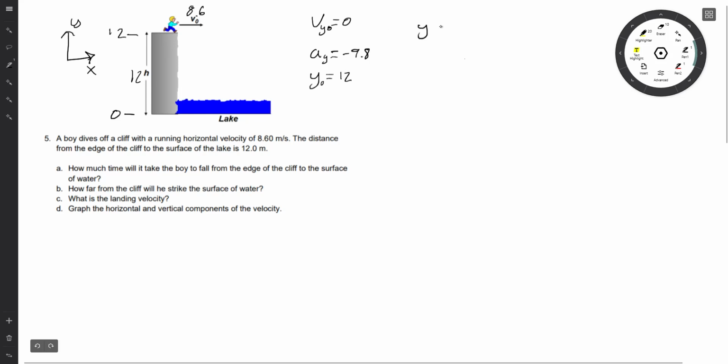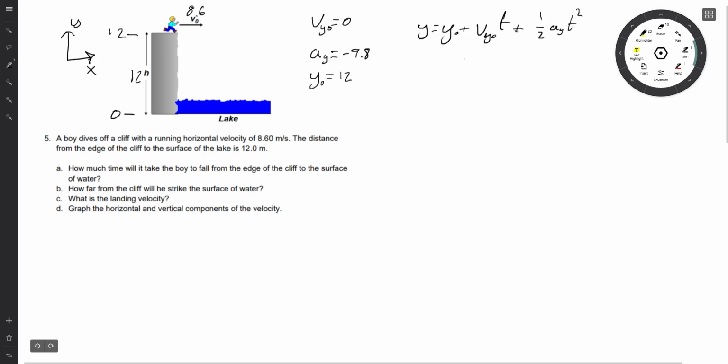So now we can use this information to input into one of our equations and solve. So we've got y equals y0 plus vy0 t plus a half ay t squared.